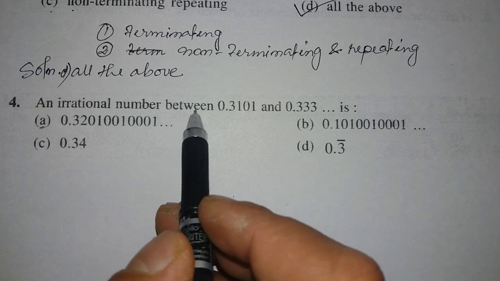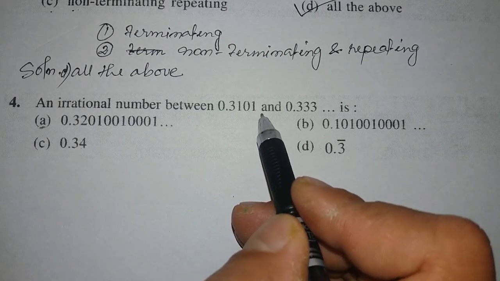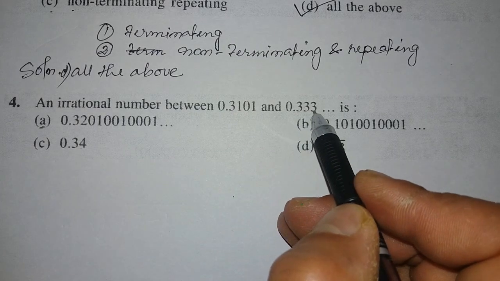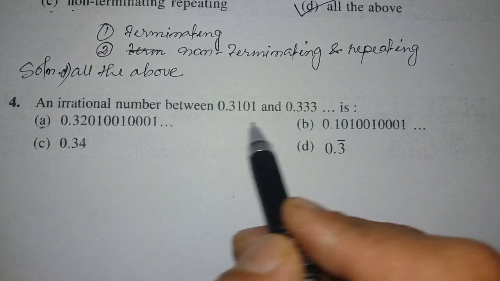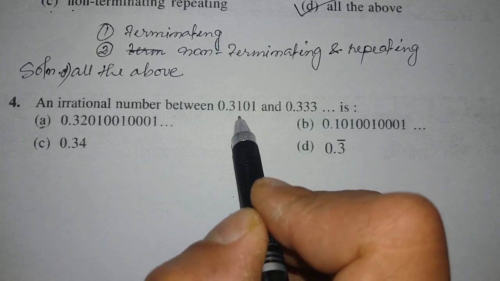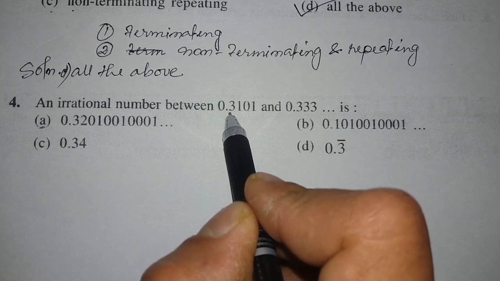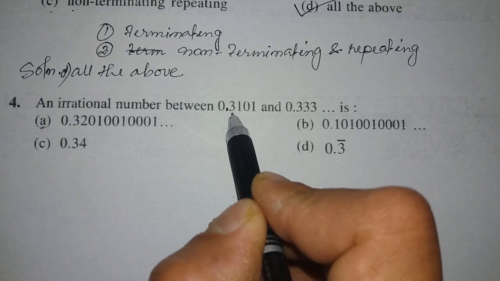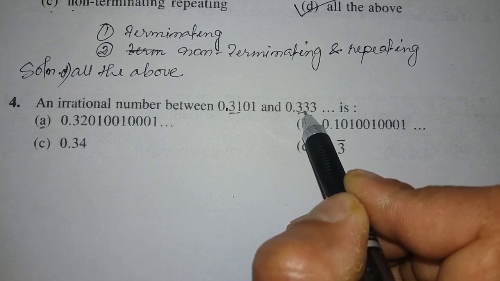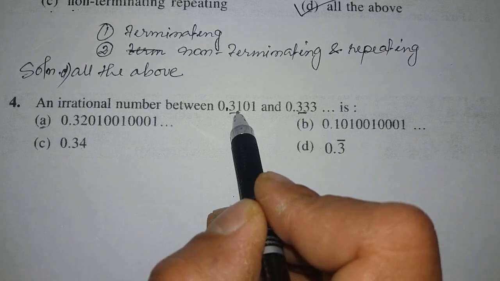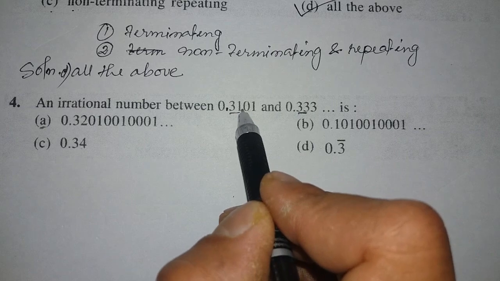An irrational number between 0.3101 and 0.333 is okay. Now for our convenience, let us consider only 2 digits after the decimal point here. So 31, here 33. So between 31 and 33, there are many.